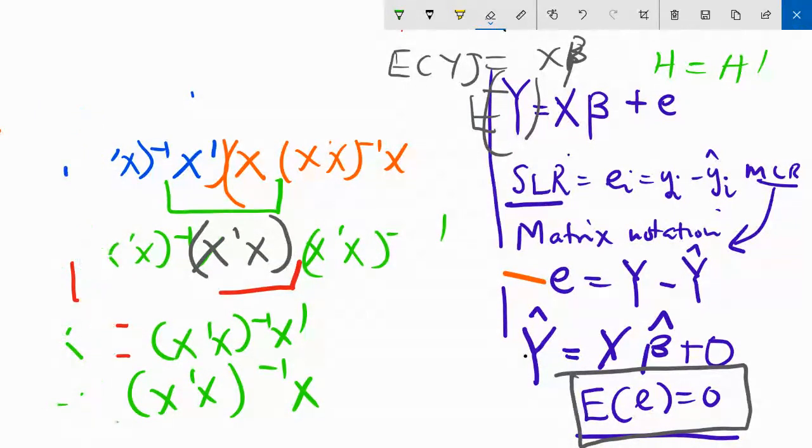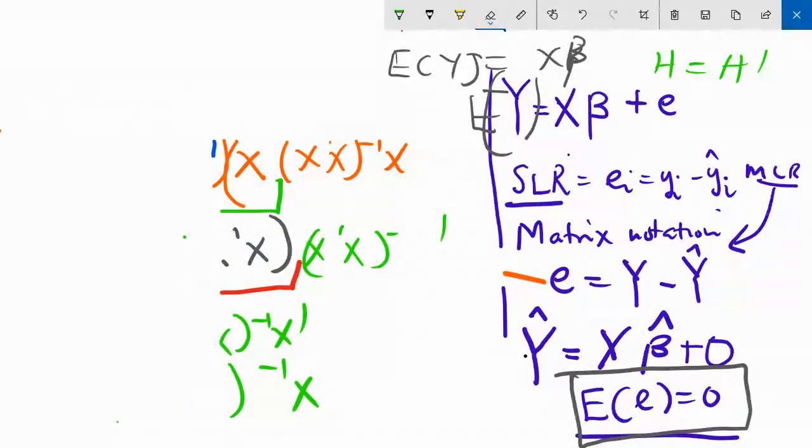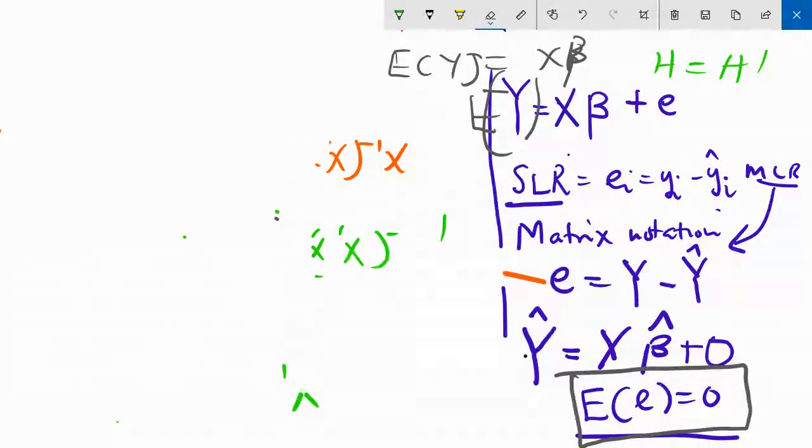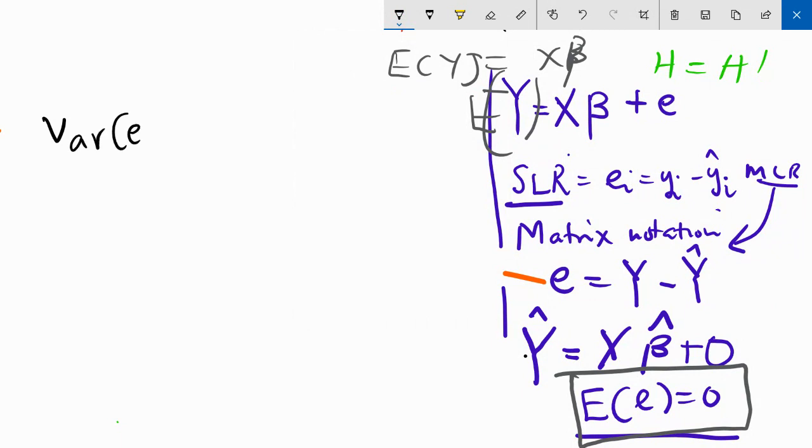Now I want to solve the last two. From there, the other ones are your responsibility. Let's solve the variance of error, guys.